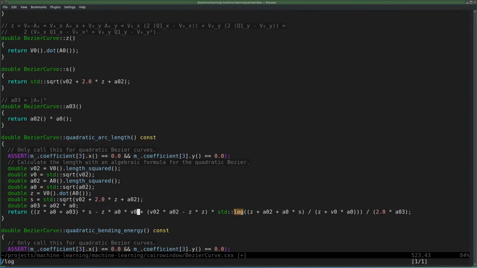And then maybe those can be combined into 1. Z times A0. Could make that a function as well. No, I have a V0 times A0.